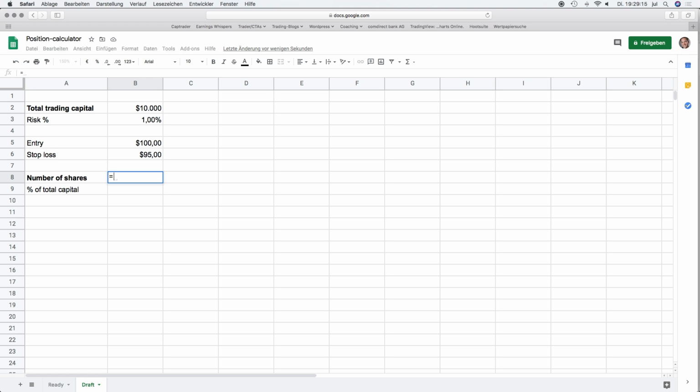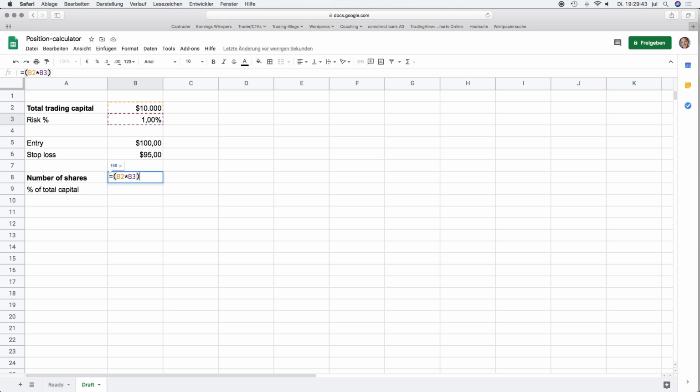So you start with a formula here, and now remember again, you take the total trading capital without any open losses or profits, and you multiply that with 1% because you want 1% from the total trading capital.